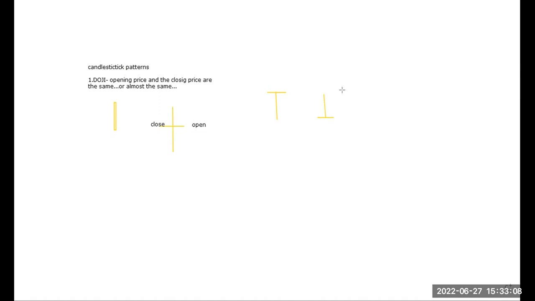Like I said, it illustrates what happened in the market at that specific period, which means that neither the buyers nor the sellers were in control. Remember, when we were talking about time frames, every single candlestick is a representation of the time frame it is in.